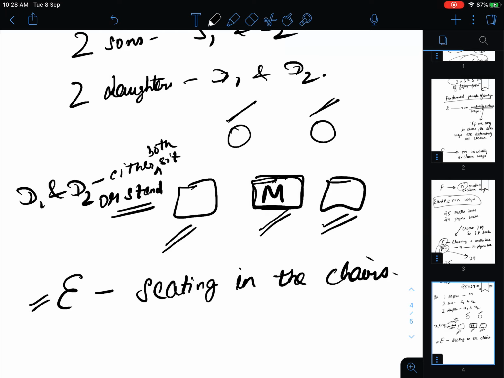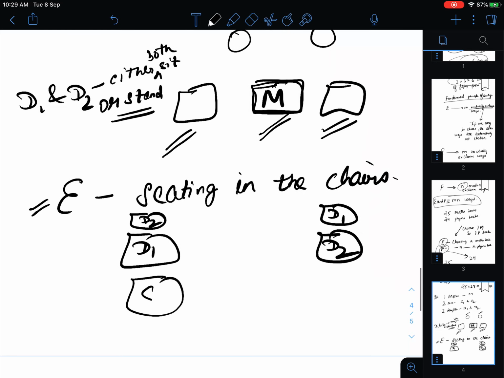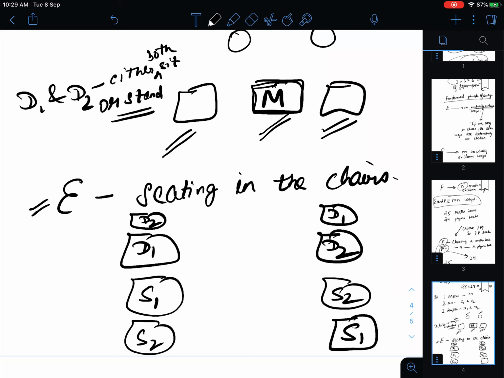So there are 4 mutually exclusive ways. One is, daughter 1 can sit here, daughter 2 can sit here, or daughter 2 can sit here and daughter 1 can sit here, or son 1 can sit here, son 2 can sit here, or son 2 can sit here and son 1 could sit here.